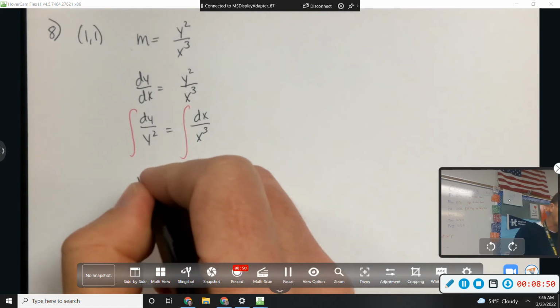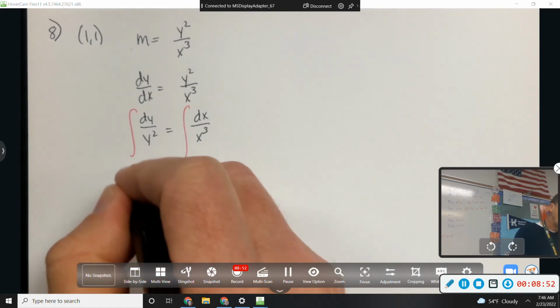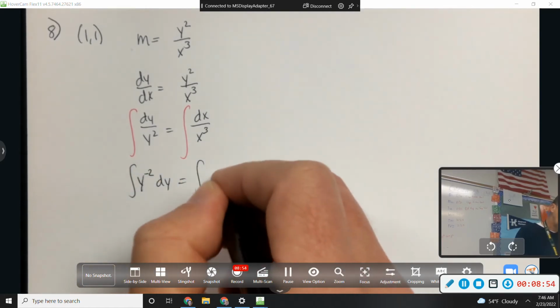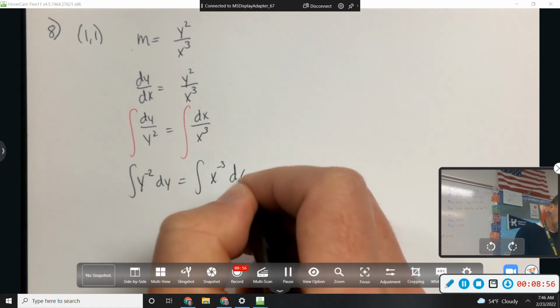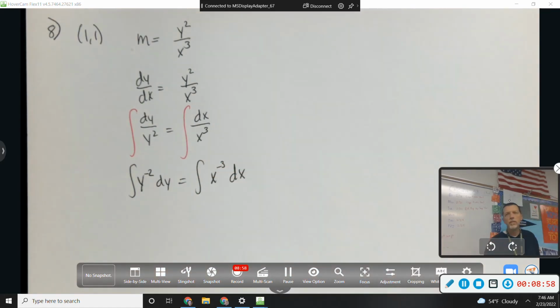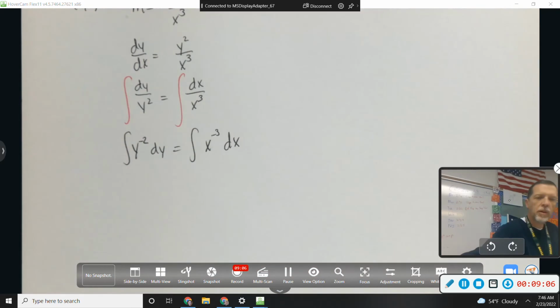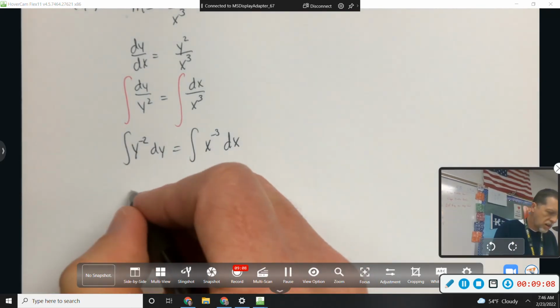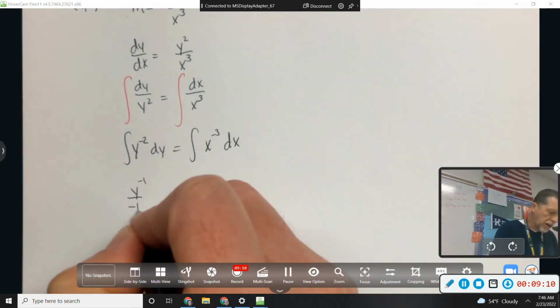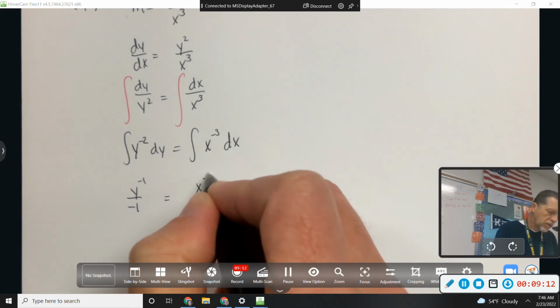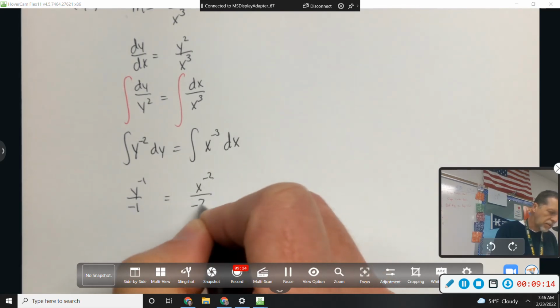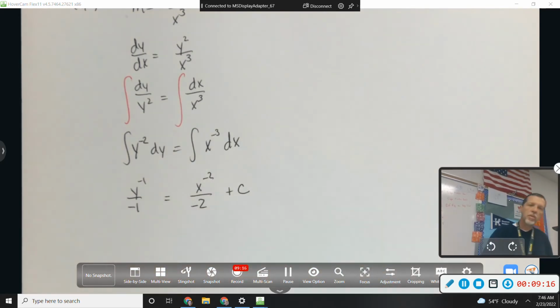So I am going to take the time to rewrite it as y to the negative 2 and x to the negative 3. So now it's just the power rule, although negative, so be careful. So increase the power by 1, divide by the new power, increase the power by 1, divide by the new power, plus c.